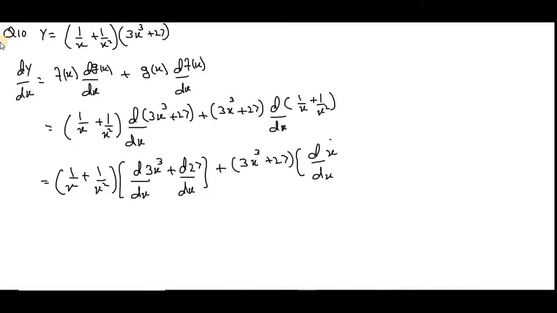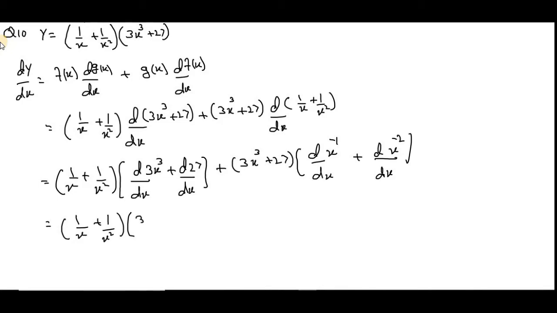And one thing we can do here is that the fraction 1 over x can be written as x raised to power minus 1, so that when we apply the power rule it will be very easy to solve, plus d by dx of x raised to power minus 2.